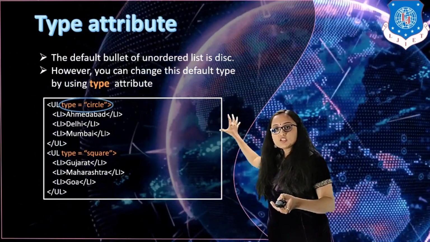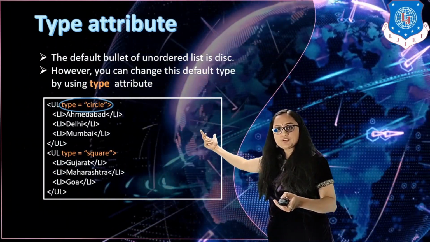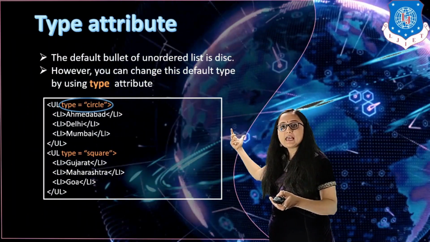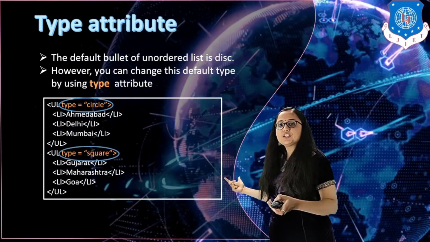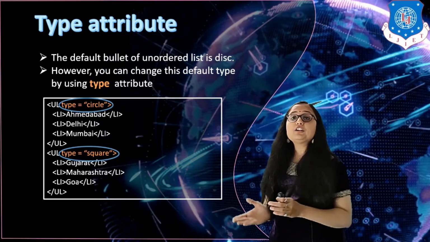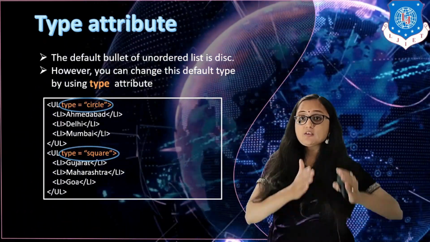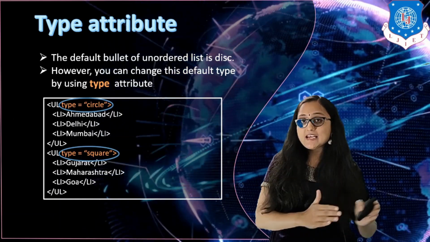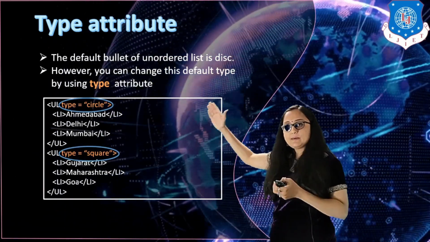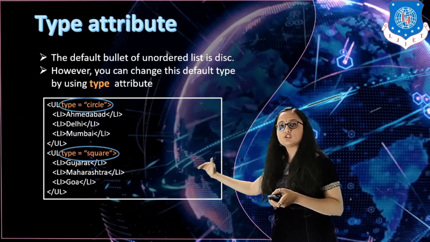In the first UL, I have taken the type attribute, and inside the type attribute, I have written the value circle. In the second UL, I have written type is equal to square. So apart from type is equal to disc, which is the default type for bullet in unordered list, I have these two values, that is type is equal to circle and type is equal to square.